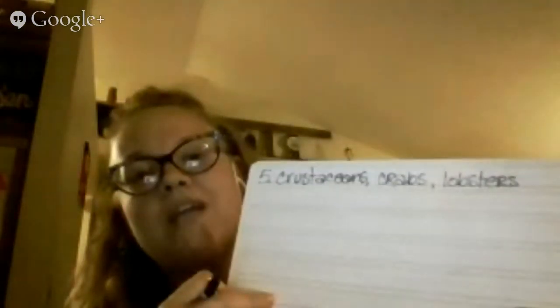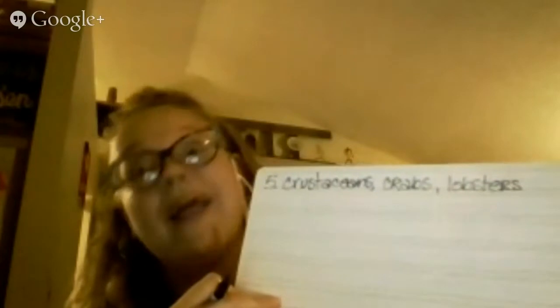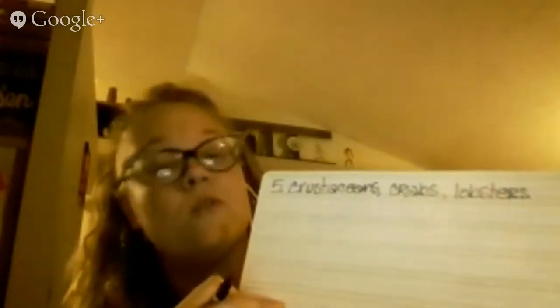Okay, so number 5, my 3 words: crustaceans, crabs, lobsters. Again, super tough to pick which ones we're going to do. Sentence number 6, just like these underwater crustaceans, they breathe through gills instead of lungs. So what 3 words are you going to choose? Remember, leave a line before number 6.